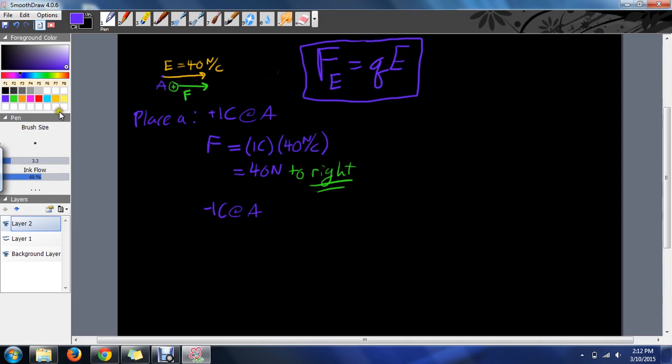What about if the charge is negative? So remember to distinguish between what's causing the field and what's feeling the field. Yes, these charges will cause their own field, but two important points. These are extraordinarily important. A charge will never feel its own field.